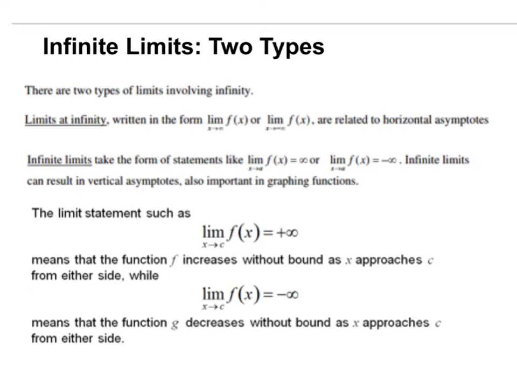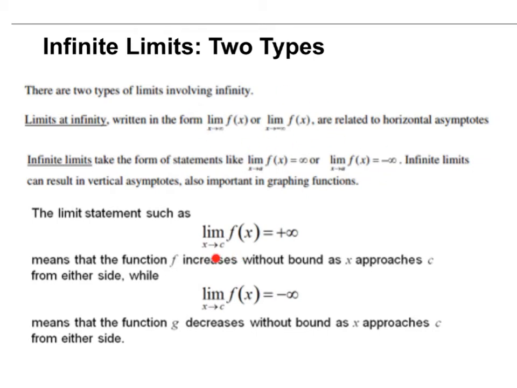So what that says is as x approaches positive infinity, what is y doing? So you're looking at a horizontal asymptote. If it says x approaches a, like it did on the previous page, and it goes to infinity, then we're talking about vertical asymptotes. So this and this are important parts on this screen.